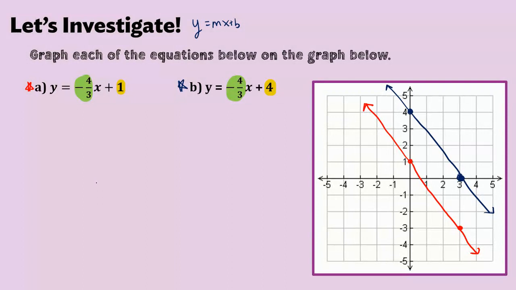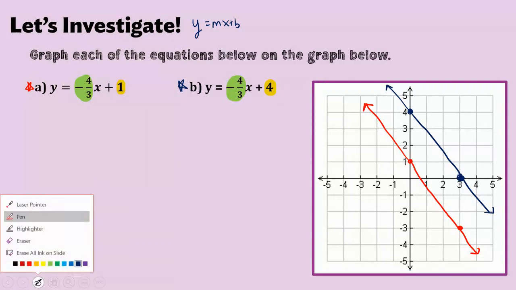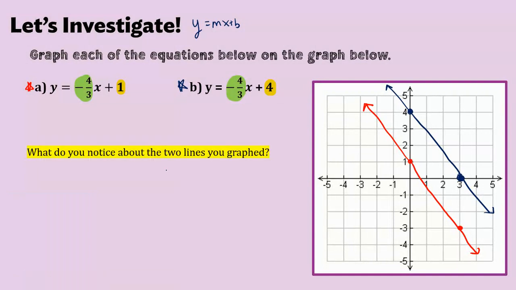Maybe you're looking at this and you already know what my next question is going to be. What is the relationship between these? What do you notice about the two lines you graphed? It might be obvious because we just talked about it, but let's look at the distance between any of these, approximately 1, 2, 3.